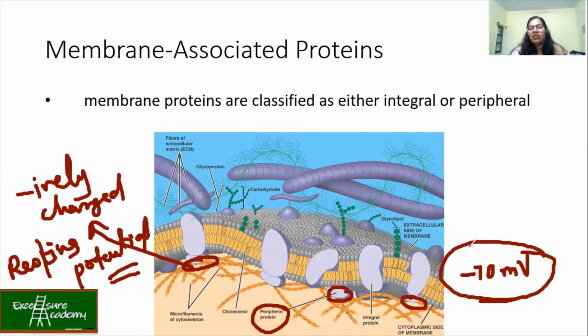So why is this negative? It's all because of the negatively charged peripheral proteins which are present on the inner side of the membrane. So that is the reason that the membrane potential is going to be negative in charge.